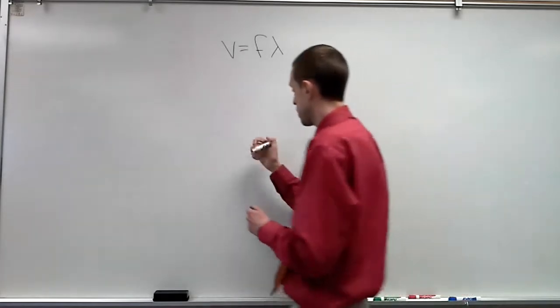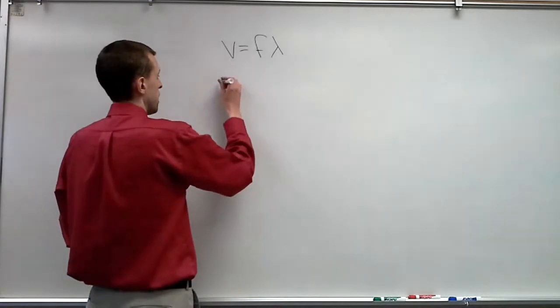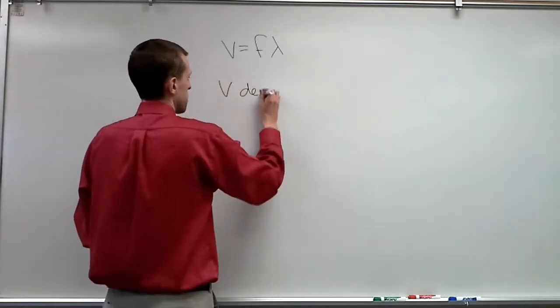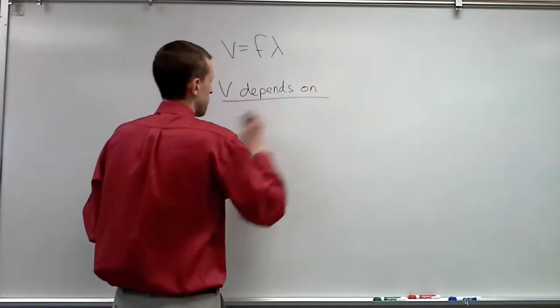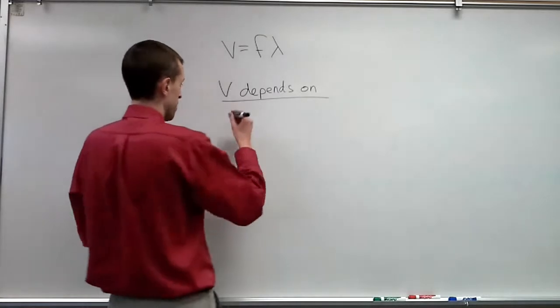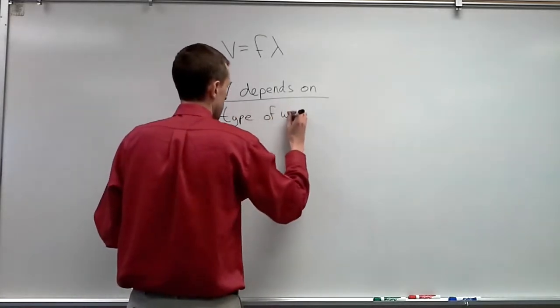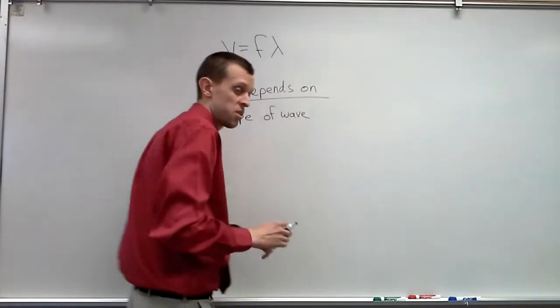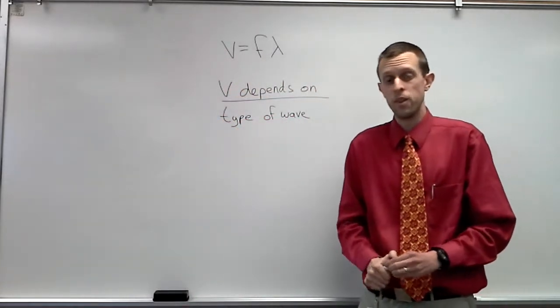So wave speed does depend on, well, two main factors here. First off, speed depends on, well, generally the type of wave that we're working with. Some types of waves just travel better or faster than other types.